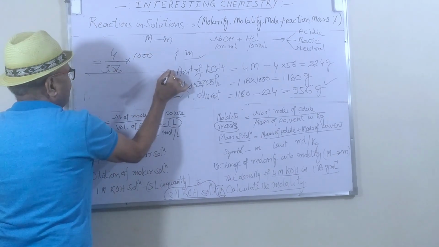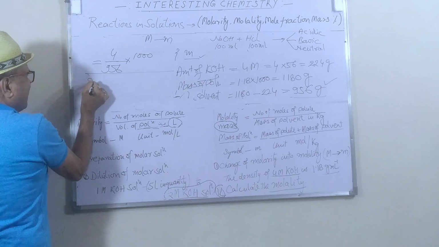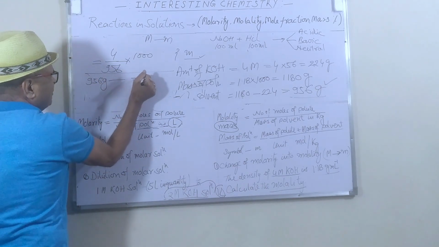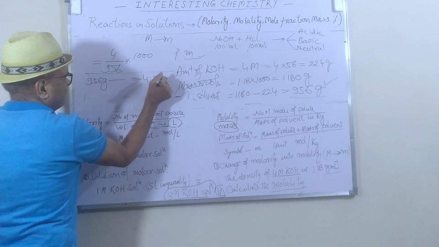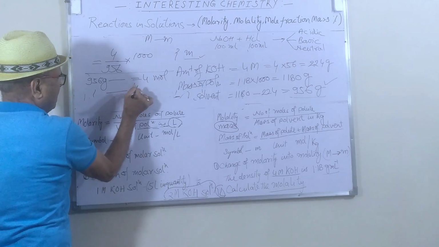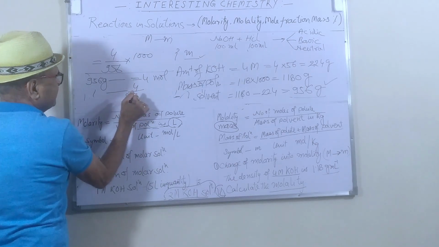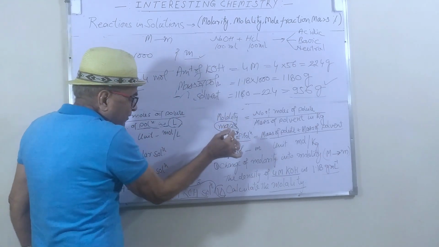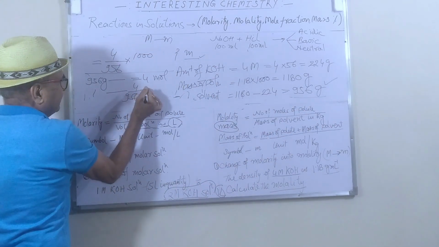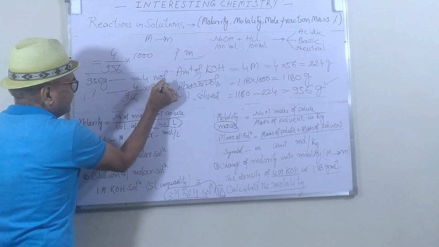Again I am telling you that 956 gram solvent contains 4 moles. So 4 upon 956, and you have to calculate the molality per 1 kg, so again you want 1000 gram.